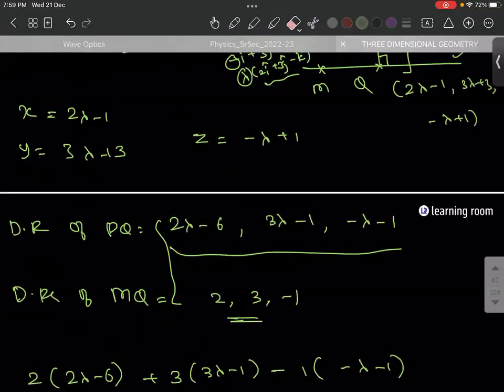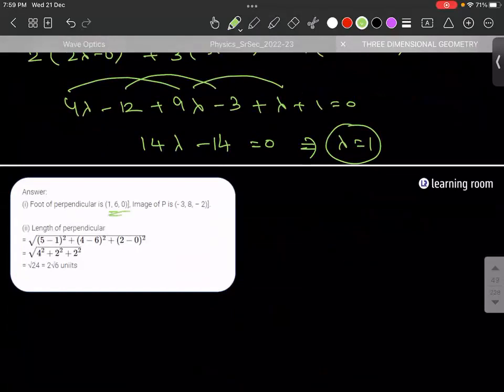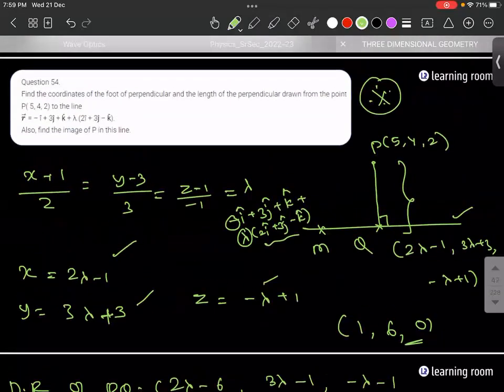So when I put lambda equal to 1 here, I'll get 1 comma 3 lambda plus 3, that is 1 comma 6 comma 0. So how will you find the image, guys?